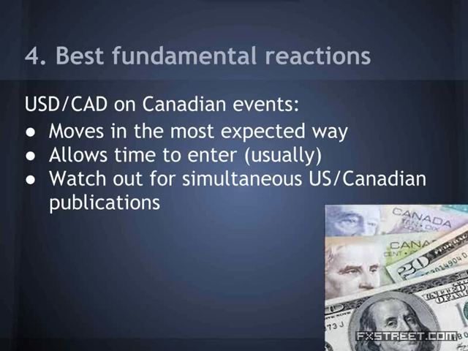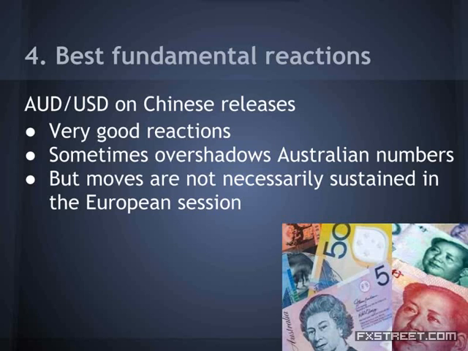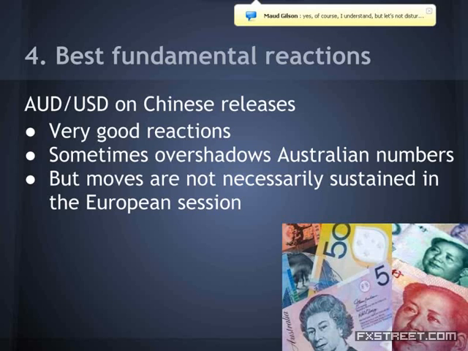The Australian dollar moves very nicely on Chinese releases. They're very good reactions. It usually, or at least sometimes, overshadows Australian numbers. So if you have at 1:30 GMT a seemingly important Australian release, Aussie against the dollar will move just a bit.